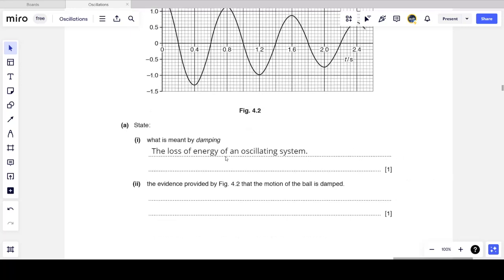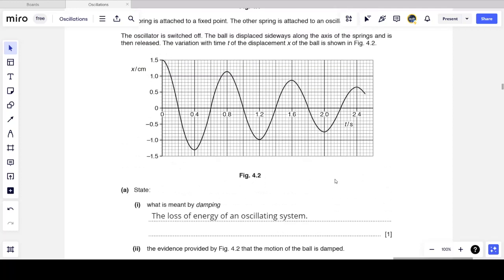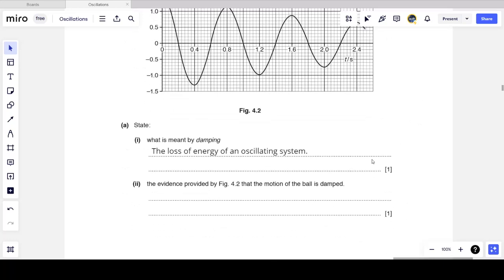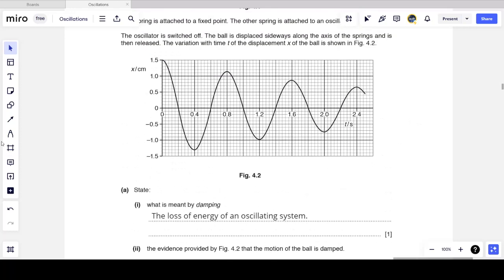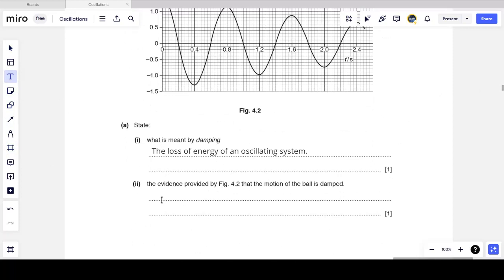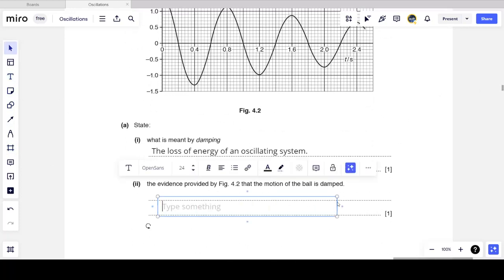And we then want to state the evidence provided by figure 4.2 that the motion of the ball is damped. Well, you could probably talk about the periods expanding slightly, but I think most importantly, how do I know that these oscillations are damped? Well, I can simply see the amplitudes are decreasing with time, and I don't have to explain any further.